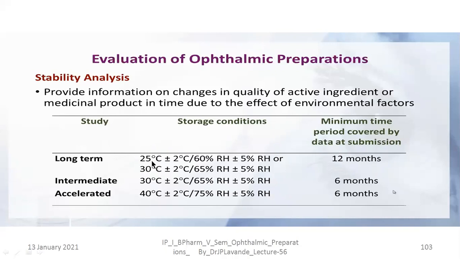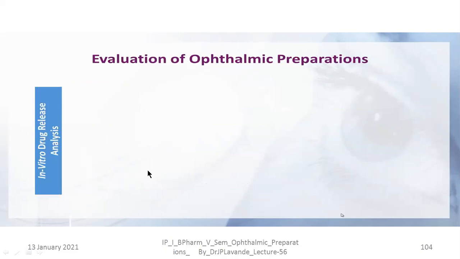Either we can go with 25 degrees Celsius plus or minus 2 degrees Celsius, 60% relative humidity plus or minus 5%, or we can go for 30 degrees Celsius plus or minus 2 degrees centigrade, 65% relative humidity plus or minus 5% relative humidity, right? So these are the different parameters and durations for which the stability analysis is to be carried out.